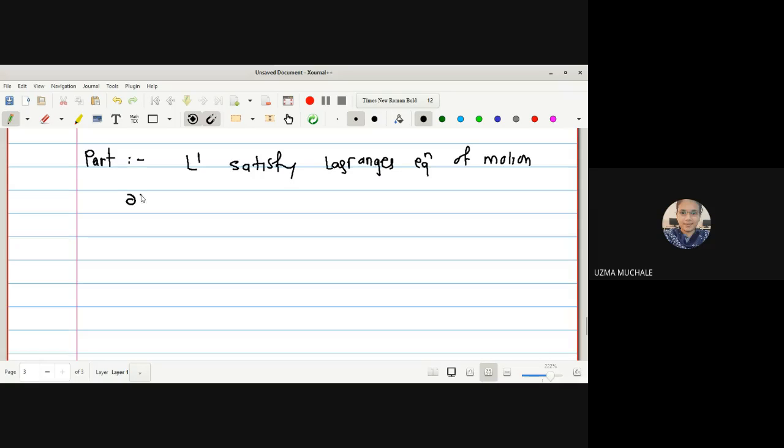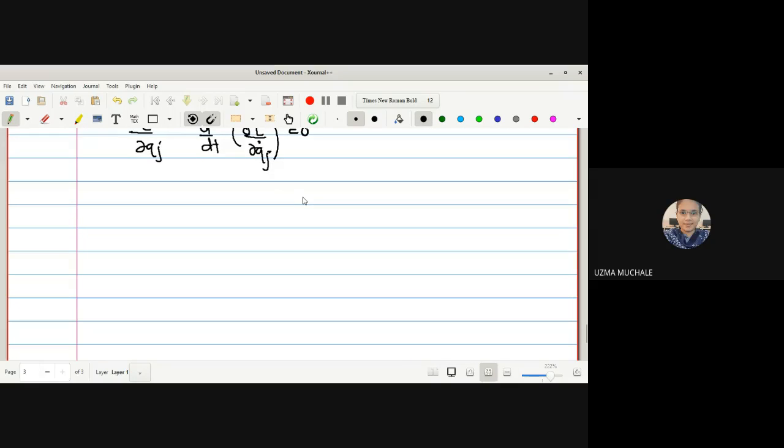What is our aim to prove then? Dou L dash by dou Qj minus d by dt of dou L dash by dou Qj dot is equal to 0. So L dash is with us. What is your L dash? It is L plus d by dt of f of Qj, t.